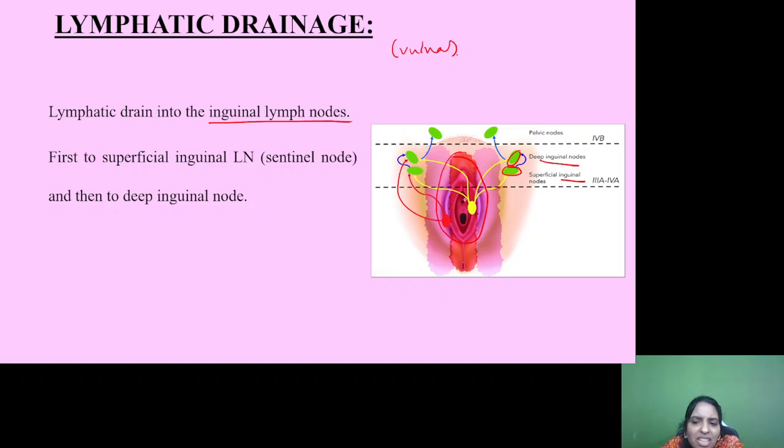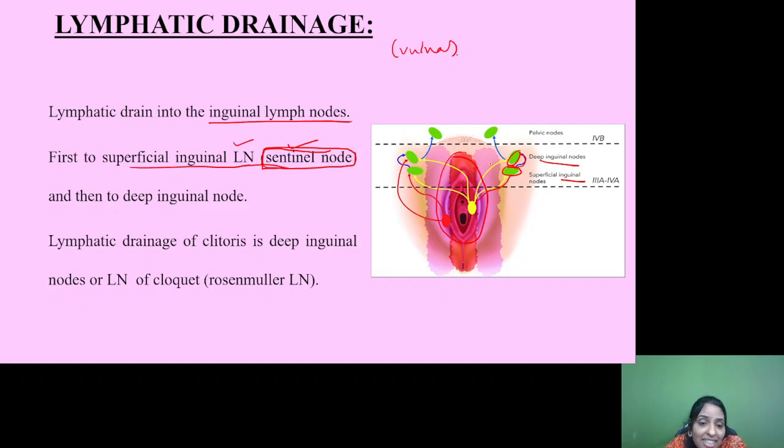First the vulva drains into the superficial inguinal nodes. The first draining lymph node we call the sentinel node. You will learn about numerous sentinel lymph nodes in the coming topics. From the superficial inguinal nodes it goes later to the deep inguinal nodes.